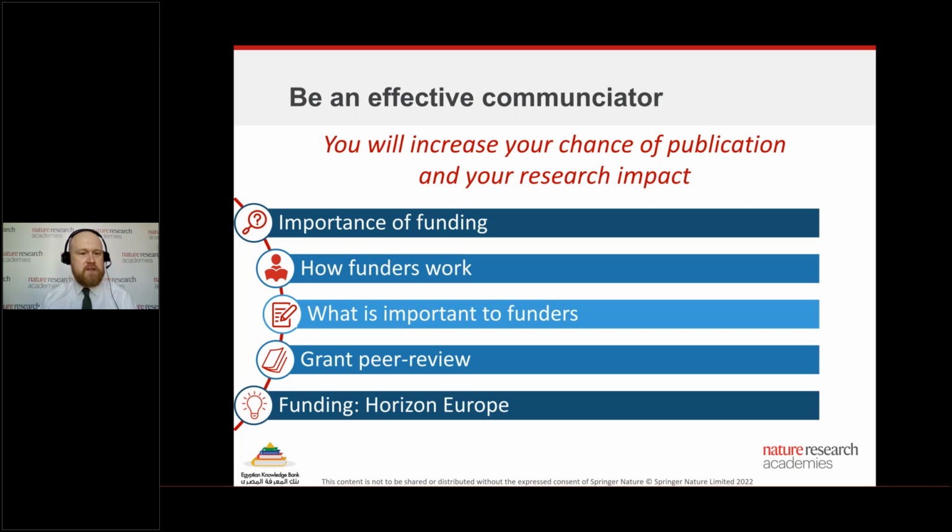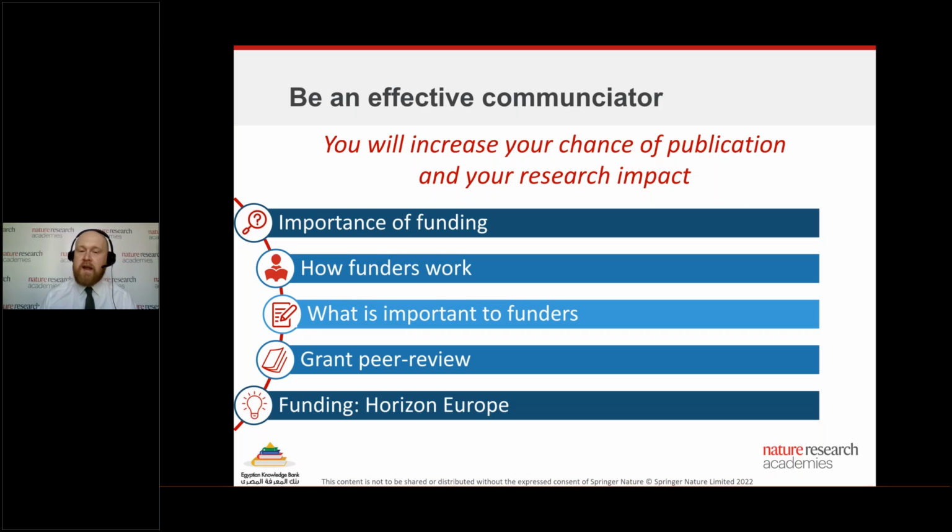Now we can get started on today's workshop, where we're going to look at effective grant writing. We're going to look at the importance of research funding, how funders actually work, and what the important things are to funders. Then we'll look at the grant peer review process. How are proposals reviewed?